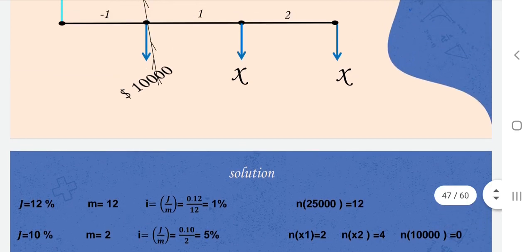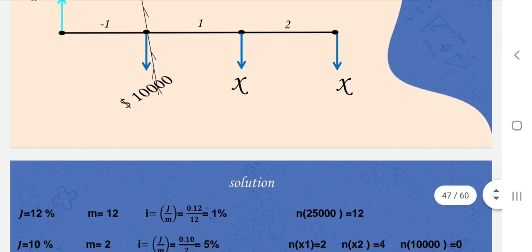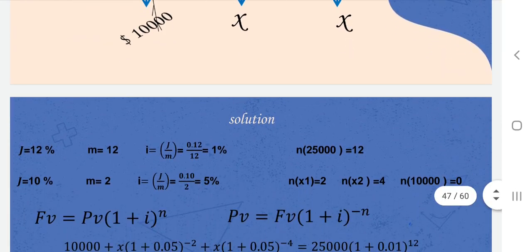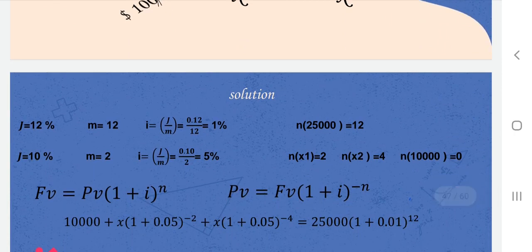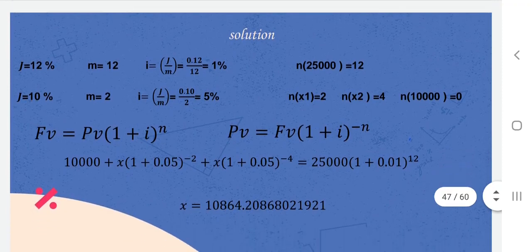And for the second X, the time equals 2, so N equals 2 times 4... N equals 2 times 2 equals 4. By substituting in the formula of future value and present value, we can get X, which is equal to 10,864.